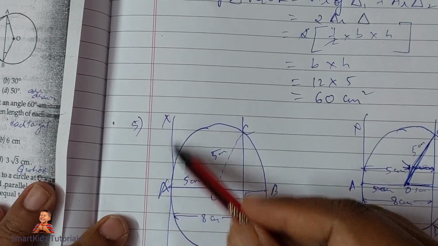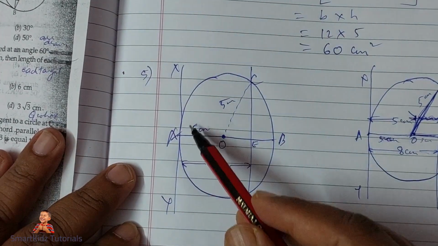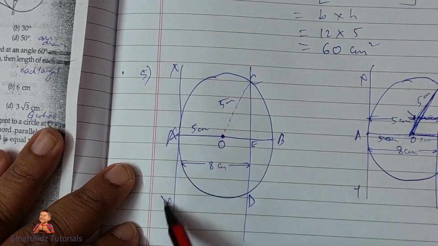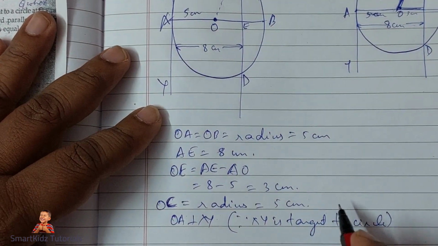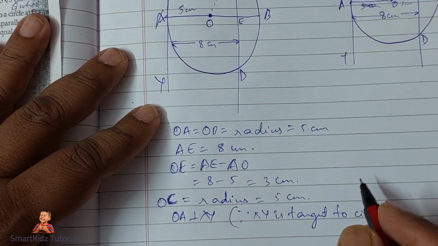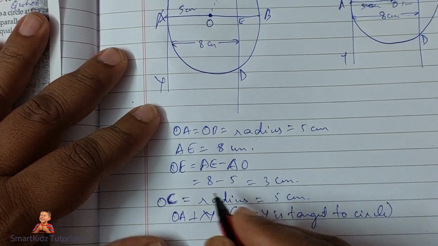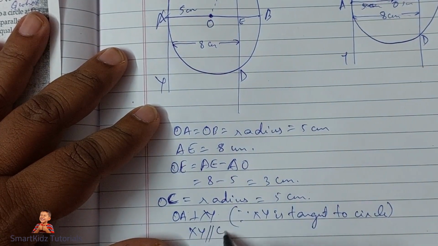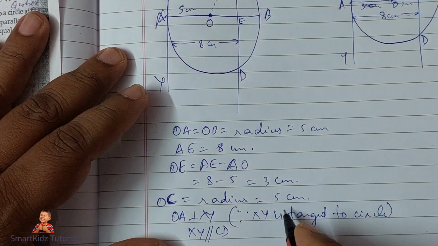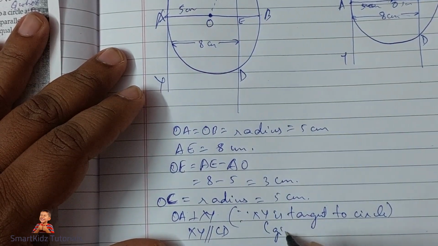So XY is here, and it's tangent. So that's why OA is perpendicular to XY. Now we got that, and we are told that XY is perpendicular to CD. This is given to us.